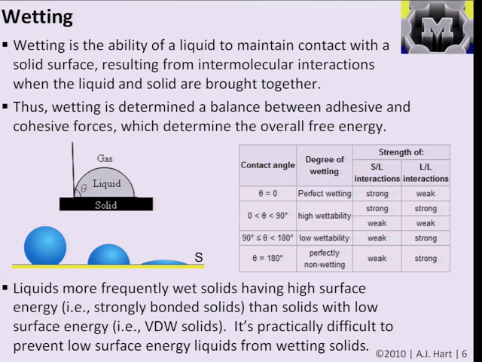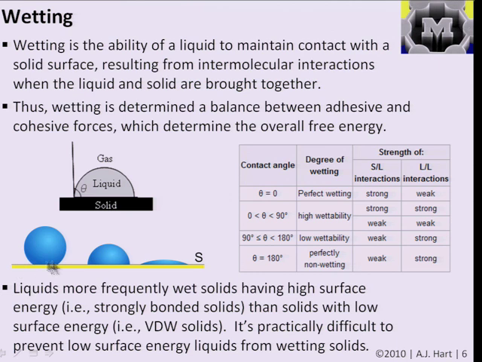There are cohesive interactions within the liquid, and then there are adhesive interactions between the liquid and the other body, the other material. So in the case of a liquid and solid, the contact angle between the liquid and the solid is going to be determined by this overall free energy balance, depending on what creates a net decrease in energy of the system.